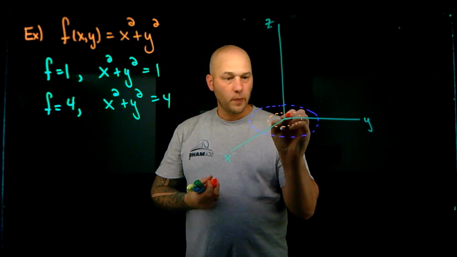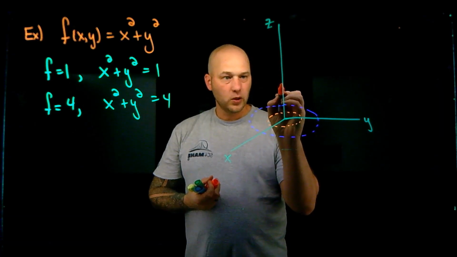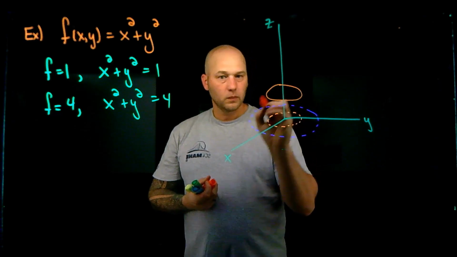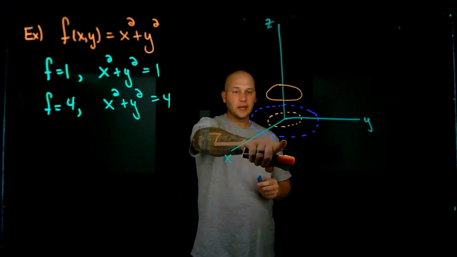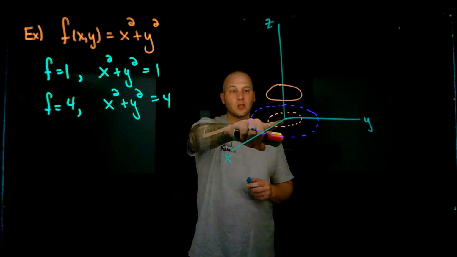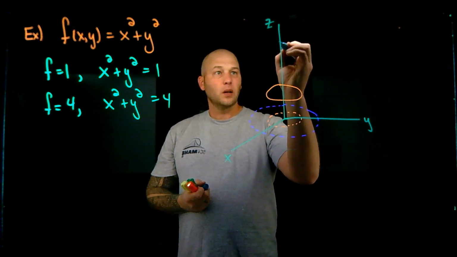So directly up above that dotted circle, I'm going to get part of the graph, which looks like this. And directly up above this blue dotted line, which consisted of the level curve f equal to 4, in other words, the set of all points that have function value 4, would look like this.